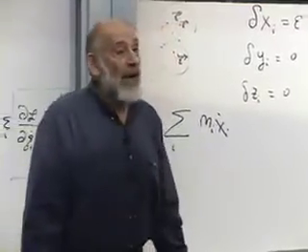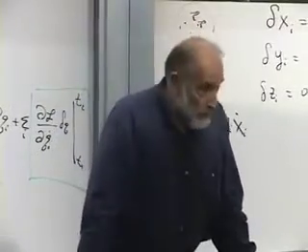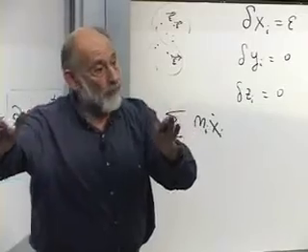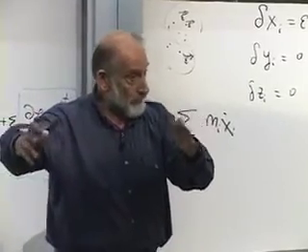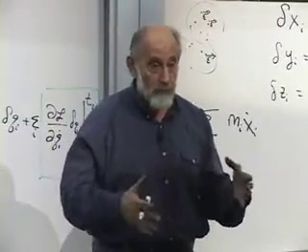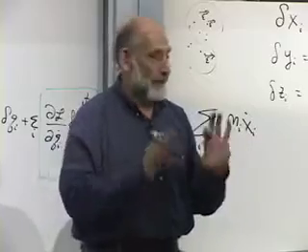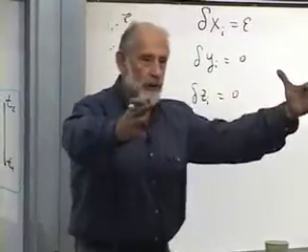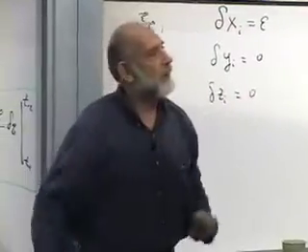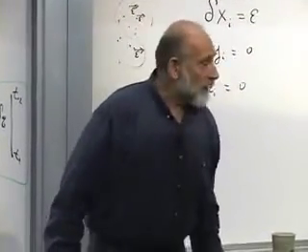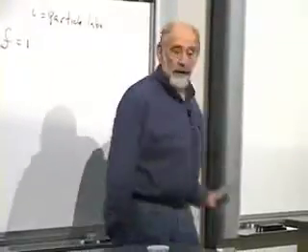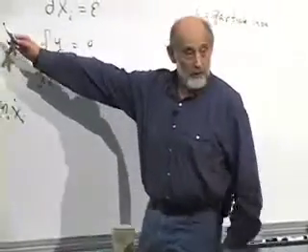Notice we didn't have to know anything specific about the forces, only that the force doesn't change if you move the whole system. Even weaker than that, the potential energy does not change if you move all the particles simultaneously. Now this, of course, would be false if there was another big heavy object out here exerting forces on all these particles.